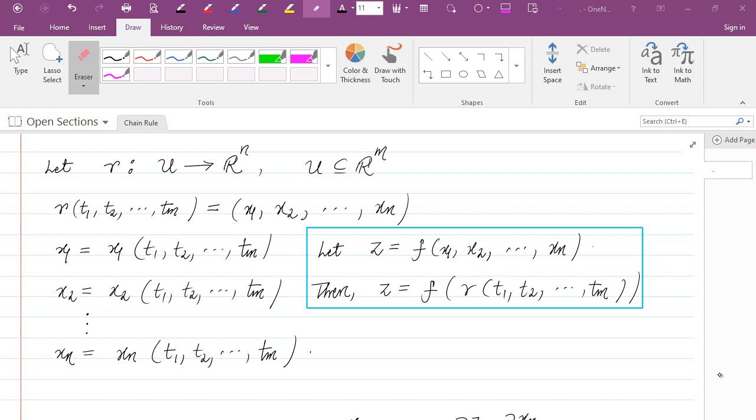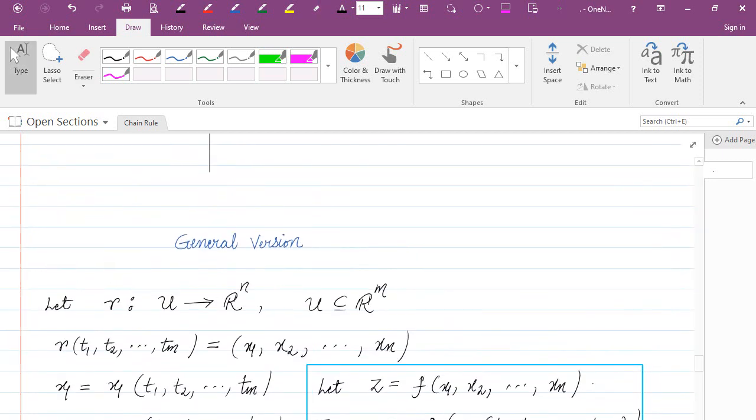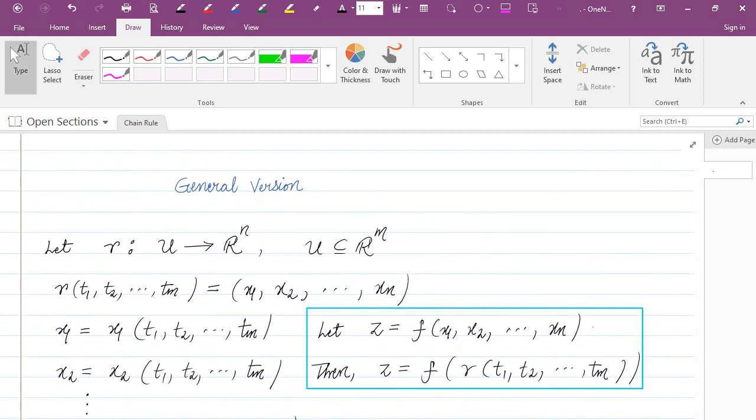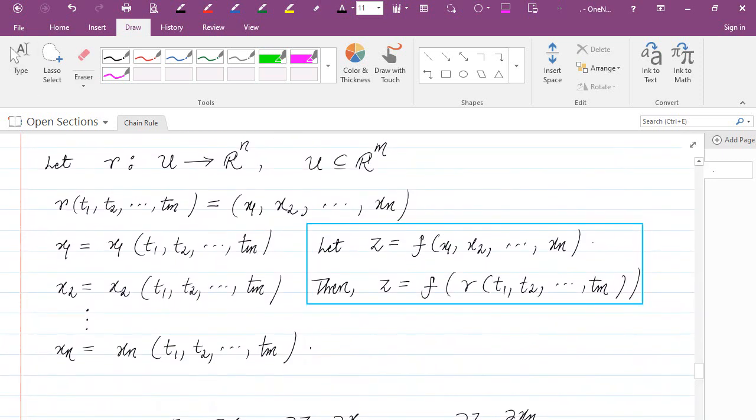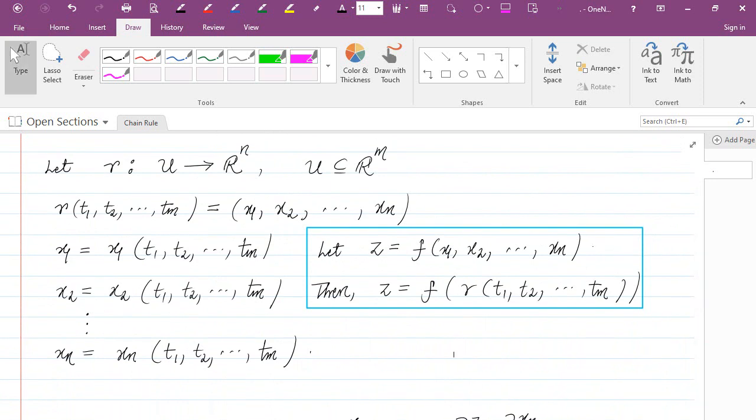Welcome back. We now present a general version of the chain rule. Let R be a function from U into the N space, where U is a subset of the M space.